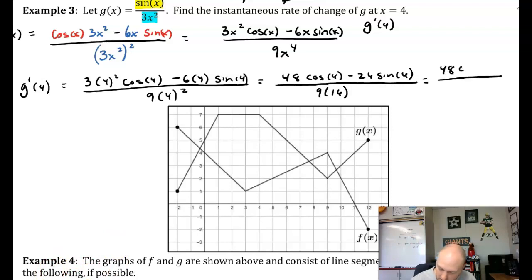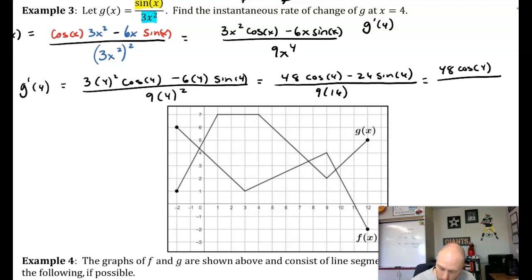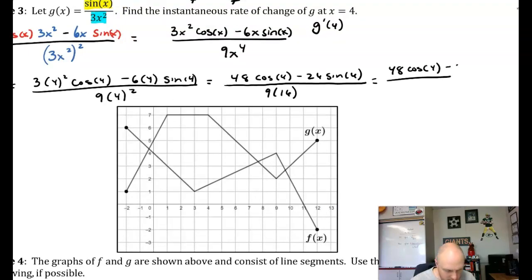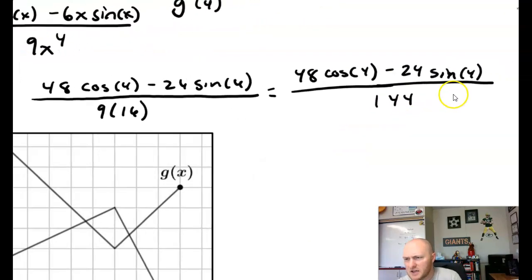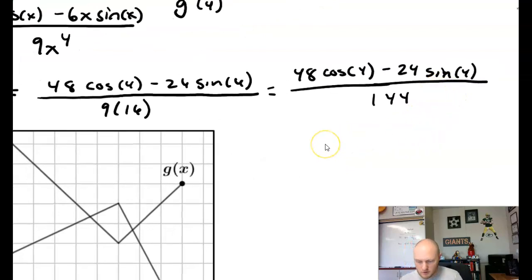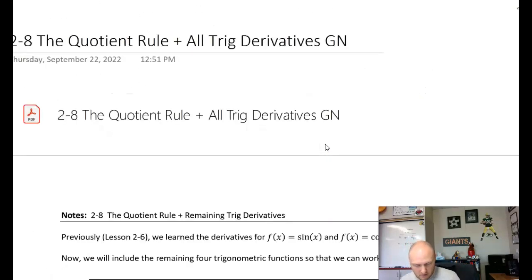So 48 cosine of 4 minus 24 sine of 4 over 144. You can also reduce by 24, but we'll call that good.